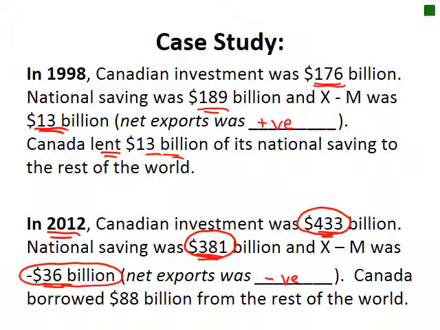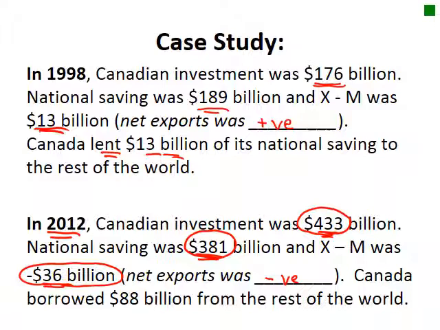So a case study, going back to 1998, and the reason we're going so far back is for decades and decades, Canada exported more than we imported. Once we had the financial crisis of 2008, Canada turned around and started importing more than exporting, and we have consistently since.